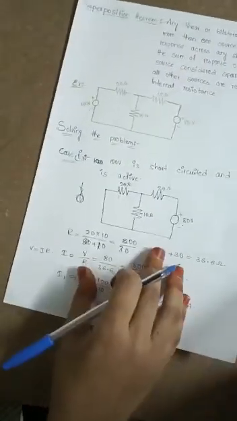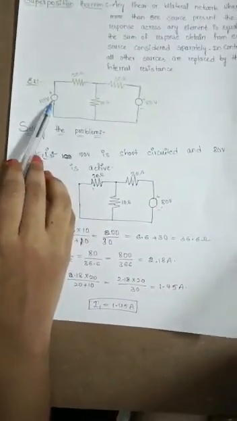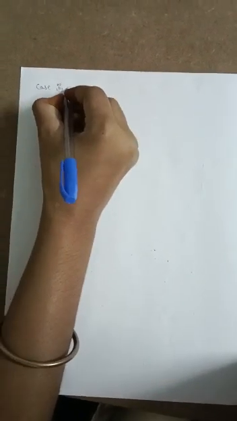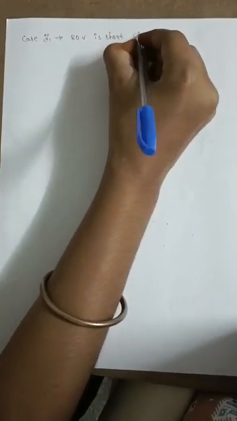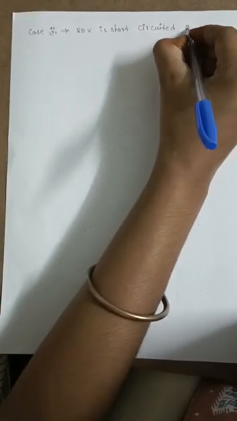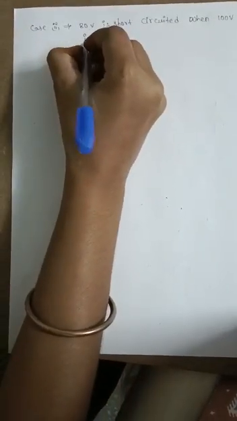Now the current from 100 volts to the 10 ohm resistance. Case 2: 80 volts is short circuited when 100 volts is active.